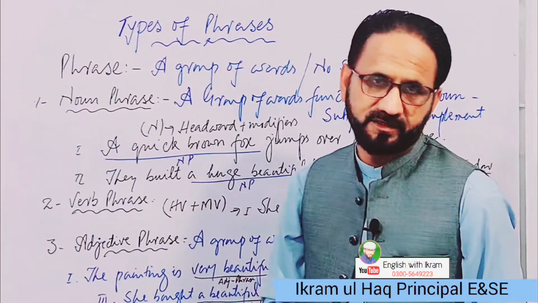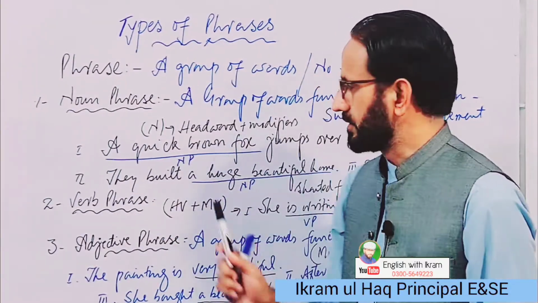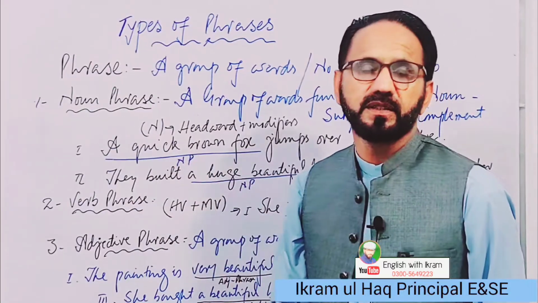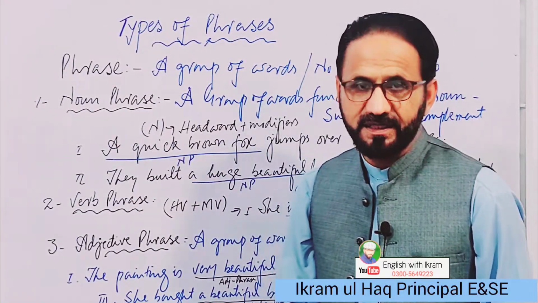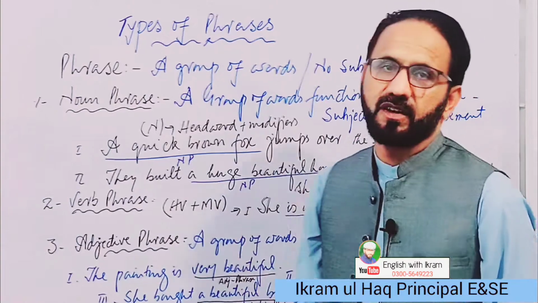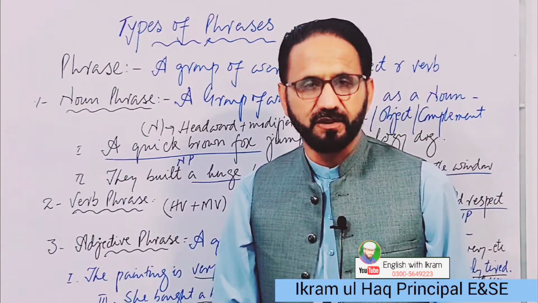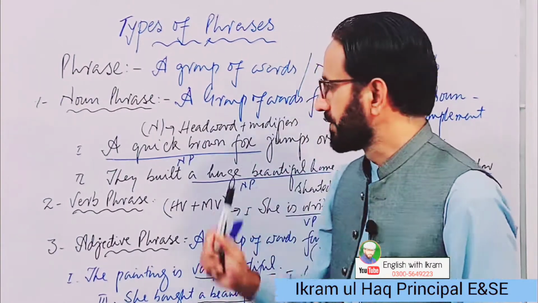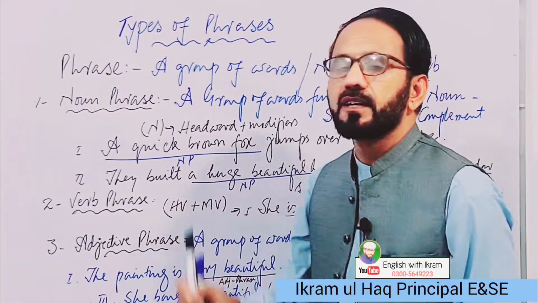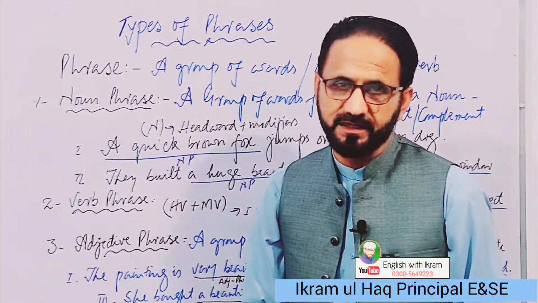Pre-modifiers, and fox. Fox is a noun. Overall, this group of words is a noun phrase, functioning as a noun. Jumps over the lazy dog. What is that fox doing? Jumps over the lazy dog. So in this particular sentence, a quick brown fox is a noun phrase.